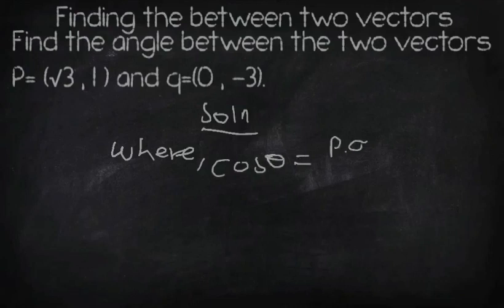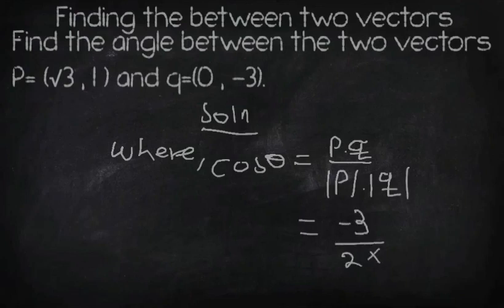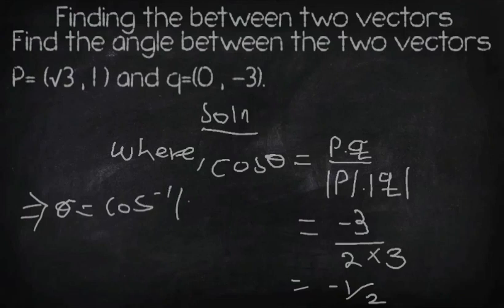I told you to note the formula: cos theta is equal to p dot q over the absolute value of p times the absolute value of q. So we put our figures there and we get our answer. Theta is equal to cos inverse of minus half, which is equal to 120 degrees.